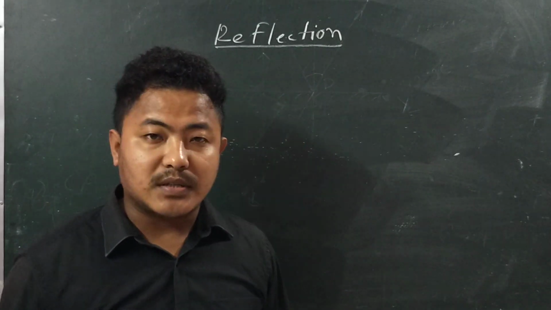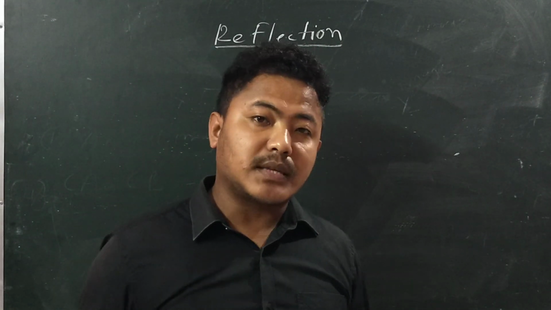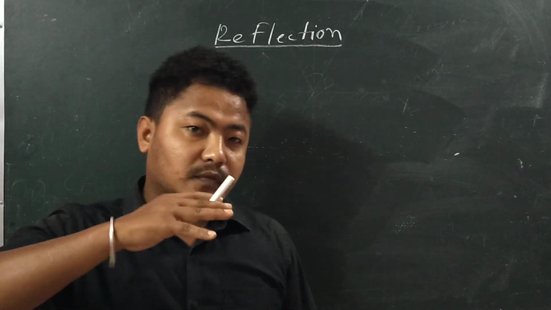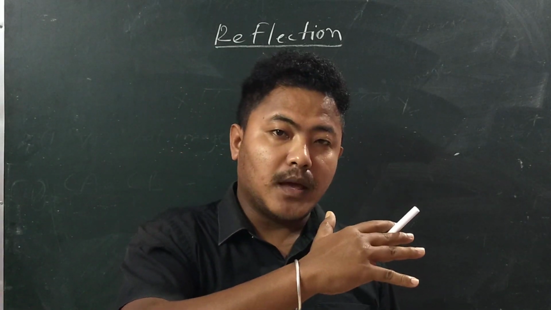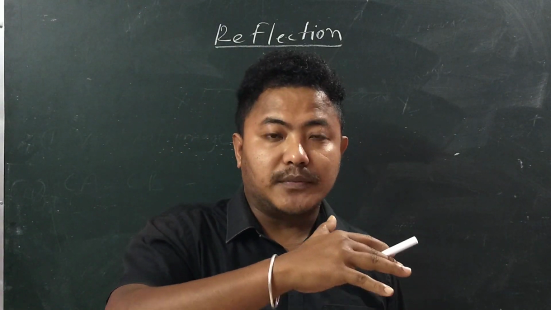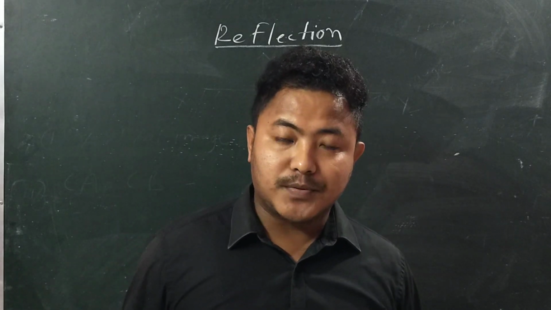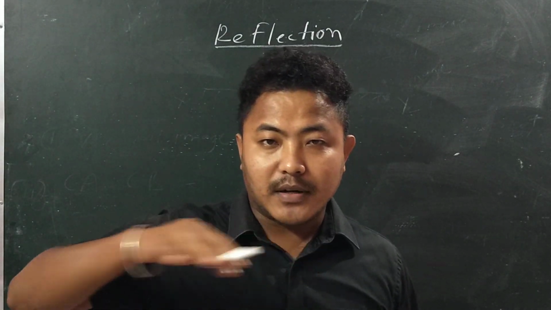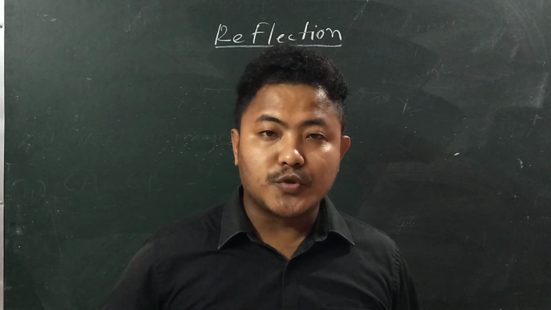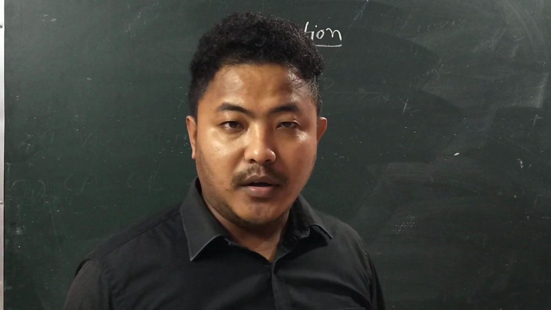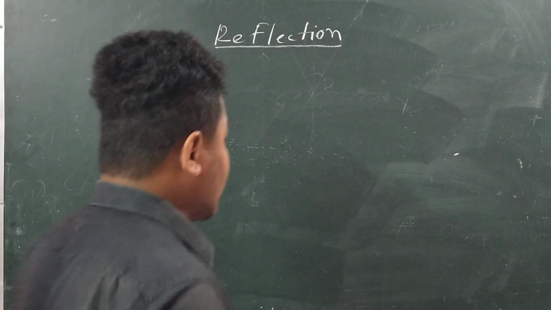Once it strikes the surface, it goes back to the same medium. Remember, the ray of light coming from a source, if it strikes any particular obstacle or surface, then goes back to the same medium. That is called reflection.